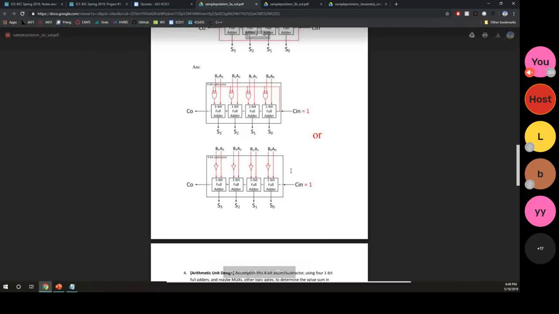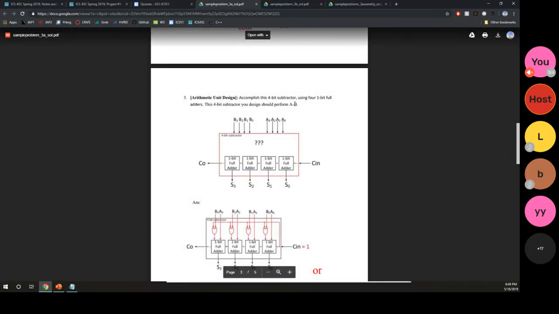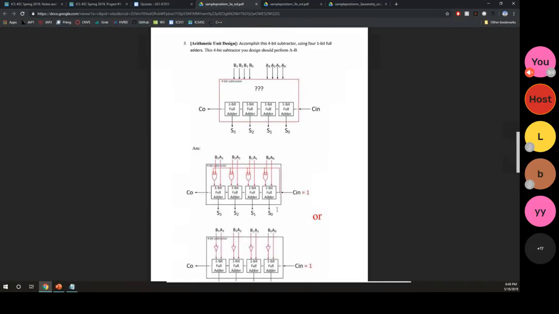Is everyone kind of cool with that for now? Okay, so in this case, it says form A minus B, so B is going to be the inverse.